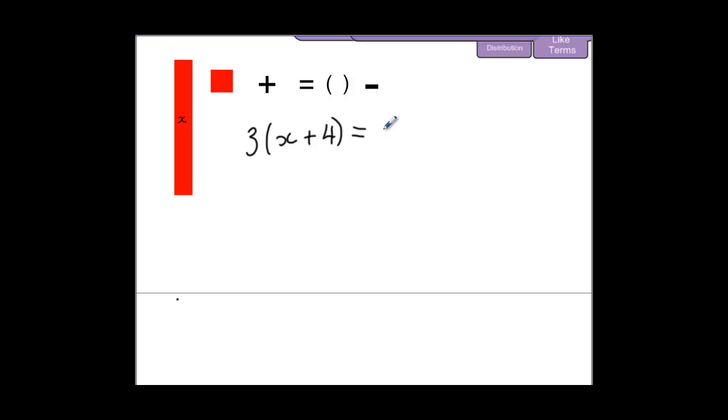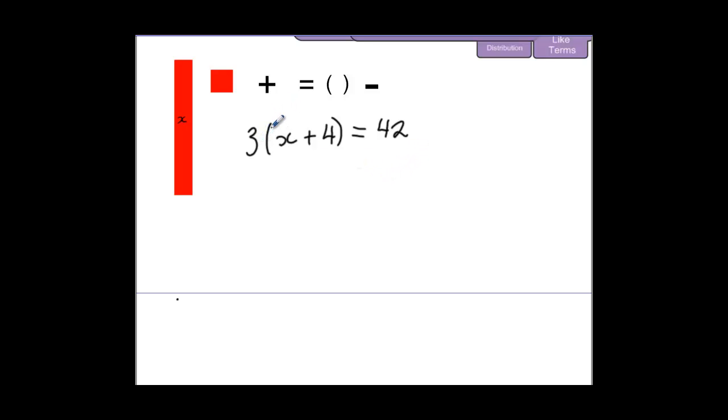Let's say 32. Actually, I'm going to change that. Let's go with 42. Okay, so I'm going to show you what this looks like.